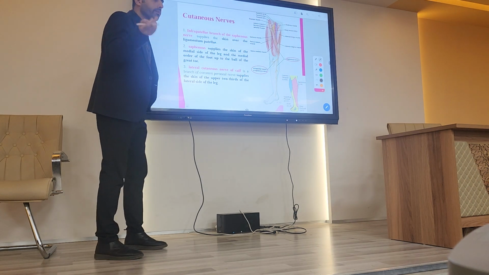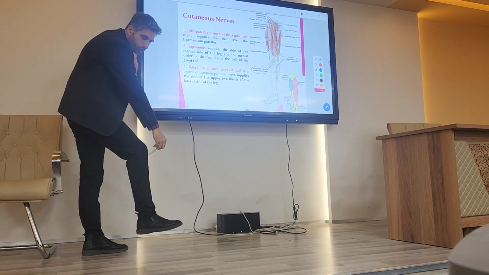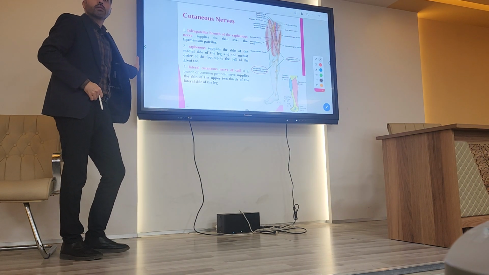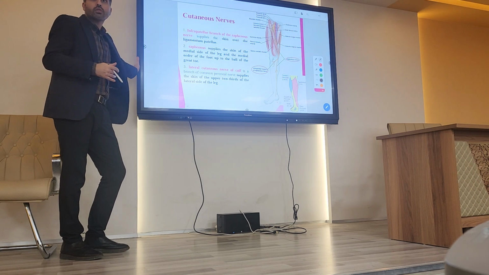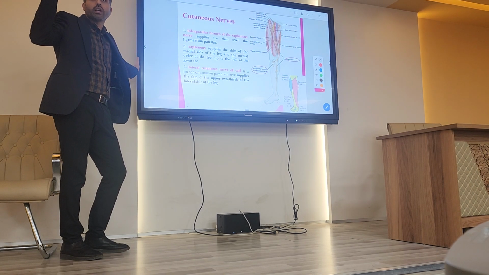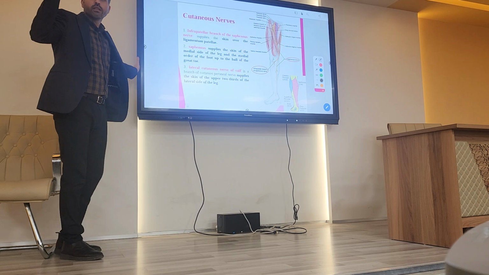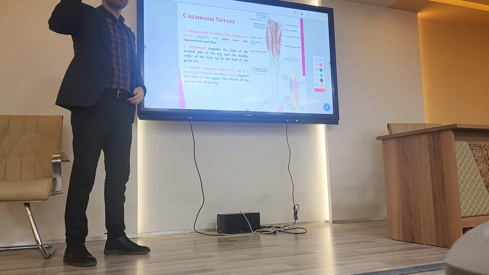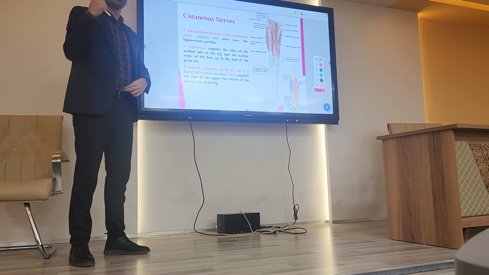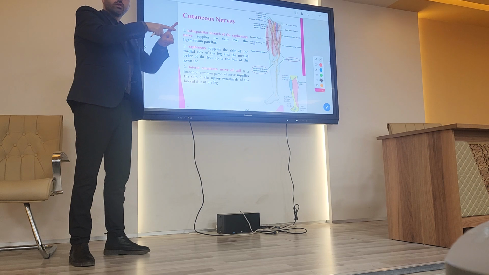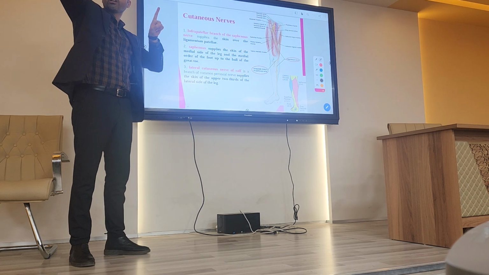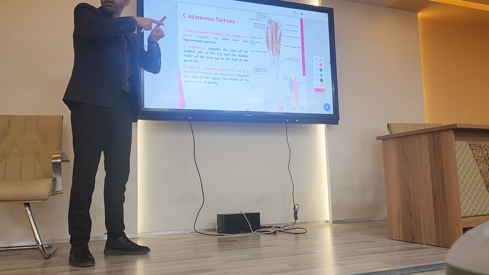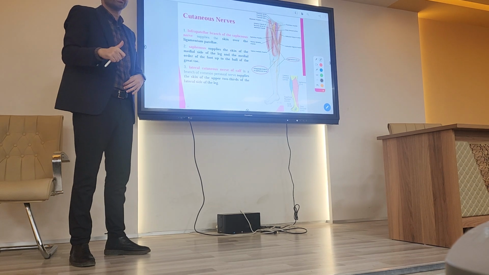Common fibular starts from here, goes to the lateral side. But before it goes to the lateral side, it has two sensory nerves. Sural communicating, attached to the sural. Sural is from tibial, but sural communicating is from fibular.